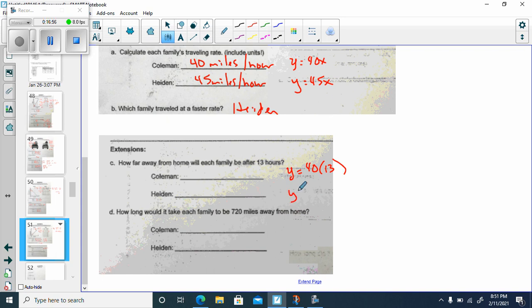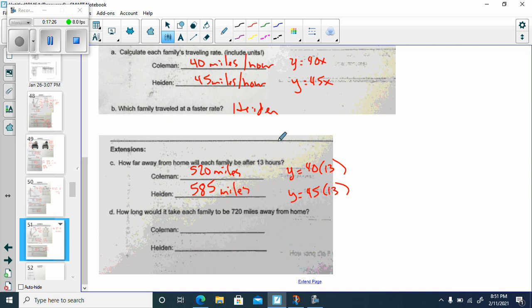And on the other one, y is equal to 45x, or 45 times 13. 40 times 13 would give you 520 miles. 45 times 13 would give you 585 miles. Okay, so the Hayden family will have gone farther.